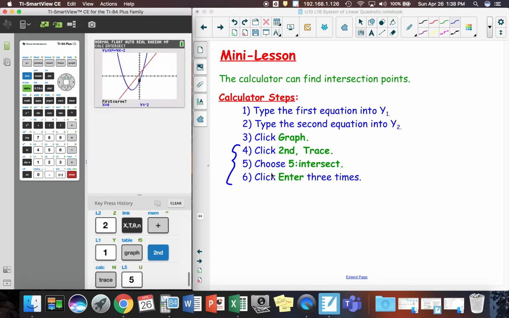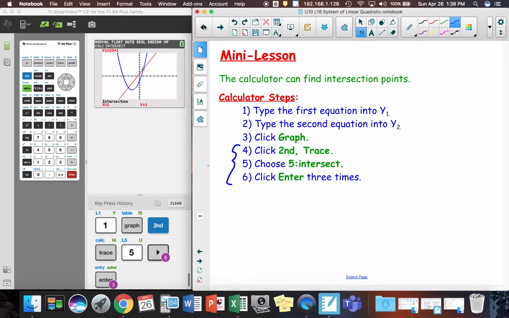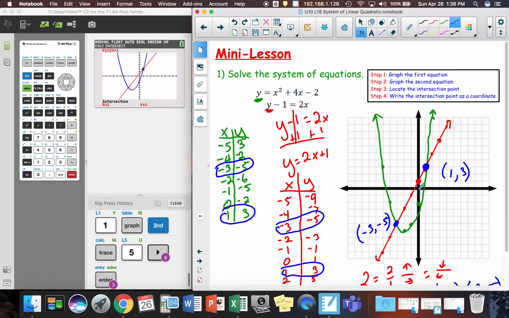Now, in order to get your points, as you can see, there are 2 points here. We want to move as close as we can to the intersection point. So the cursor is right by where the intersection is. So I'm going to press enter 3 times now. 1, 2, 3. And it gives us our first intersection point. It says x is 1, y is 3. And there's our first point, 1, 3.